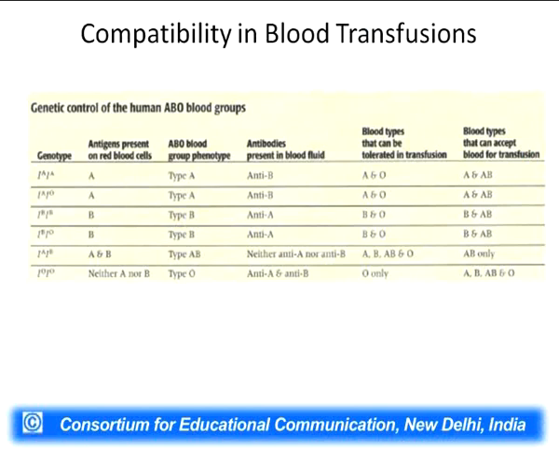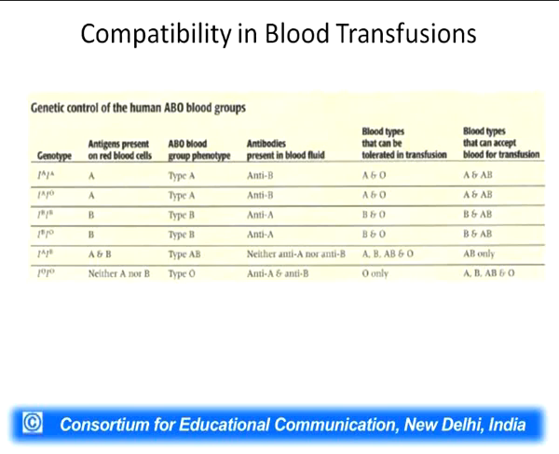So, that means if the blood does not react to any of the agents, then it would be O. And if there is a blood group A, it has on its surface the antigen A, and that means the antibodies which are present are anti-B. So, only A or O group can be transfused into A.